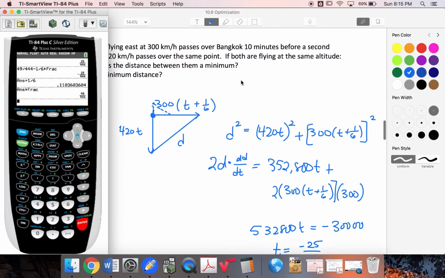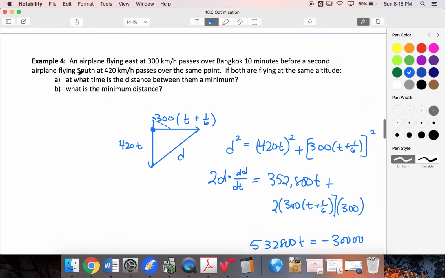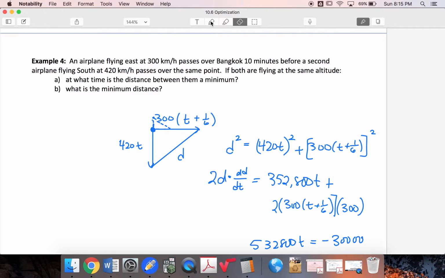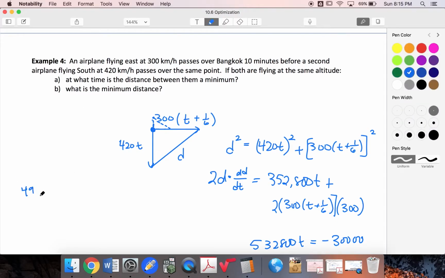And so at what time is the distance between them at a minimum? We could say at 49 over 444 of an hour after the eastbound plane took off.